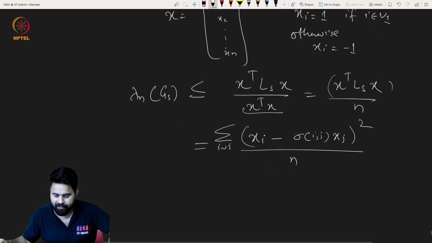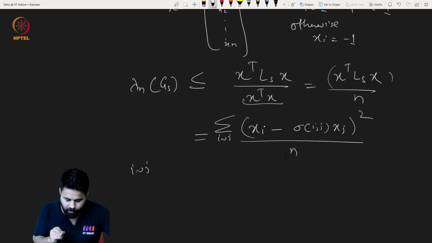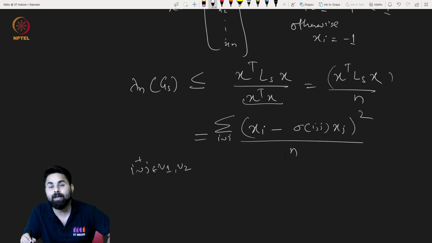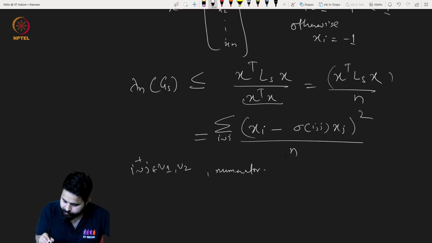Now if this edge ij is positive and it belongs to V1 or V2, this quantity will become 0, because these are positive and will cancel out. So the numerator contribution is 0.